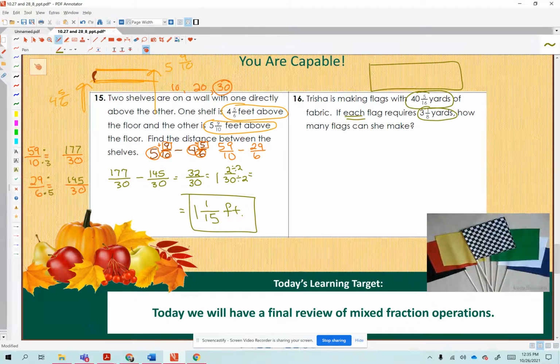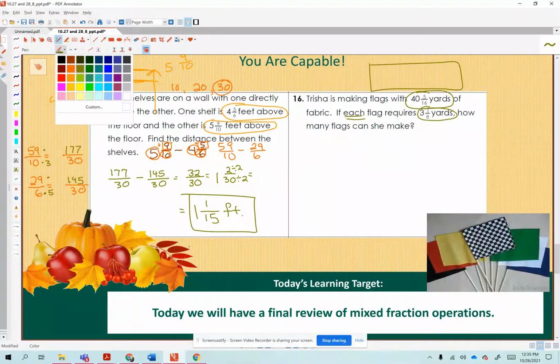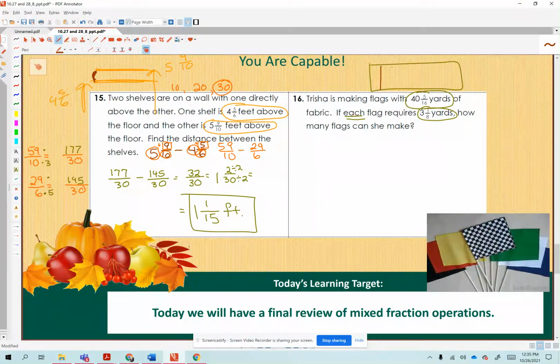And she's going to divide this fabric up, cut it apart, and make all these flags. We don't know how many yet, but we know that each flag requires 3 1/8 yards. So this is a division problem. This is 40 and 5/16 divided by 3 and 1/8.